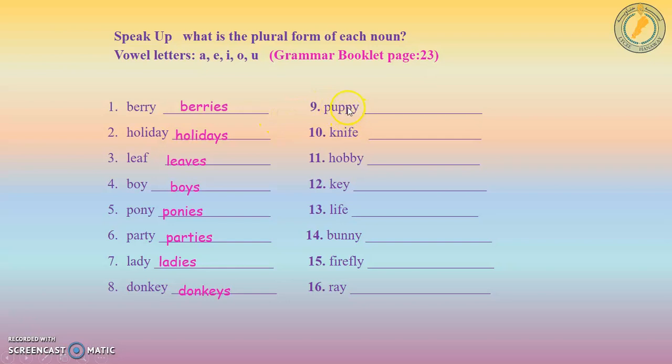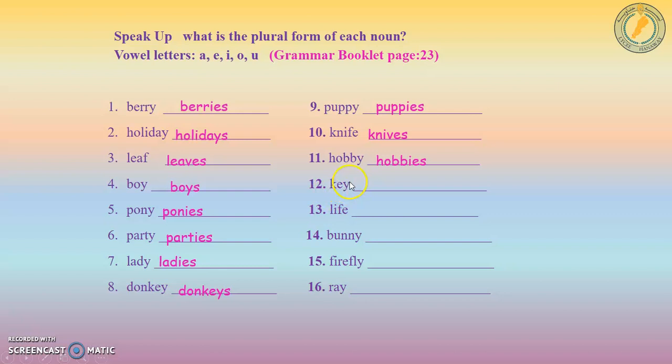Puppy, Y preceded by a consonant, IES is added. Knife ends with FE, so we have to cross out the FE and add VES. Hobby ends with Y preceded by a consonant, so IES is added.